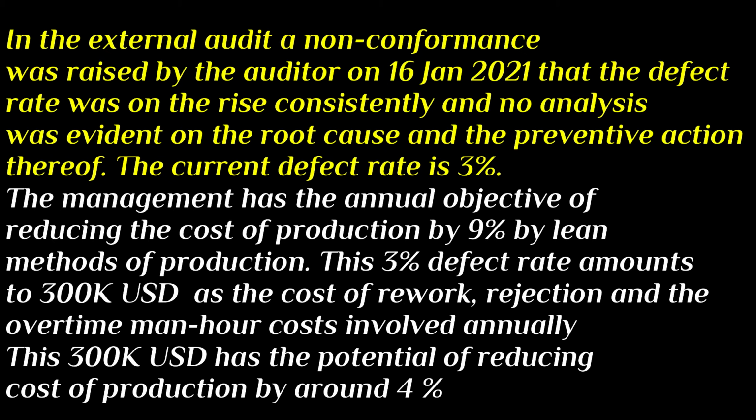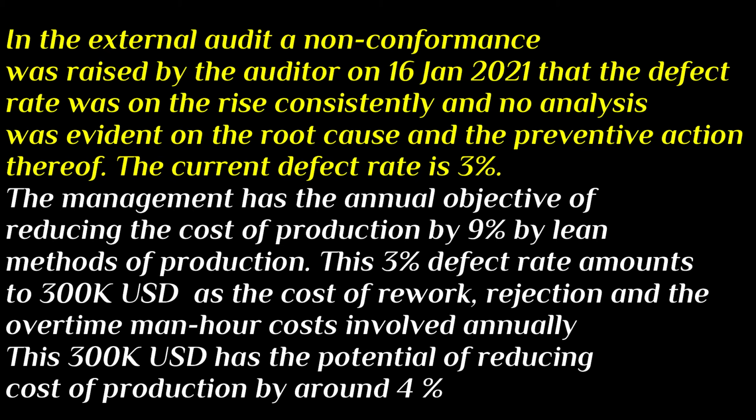So it's a very valuable trigger, because an external auditor has raised a non-conformance on the defect rate, which is also quantified as 3%. Now the white portion is the alignment with the management vision, the alignment with the objective of the management, which we have been saying is mandatory.